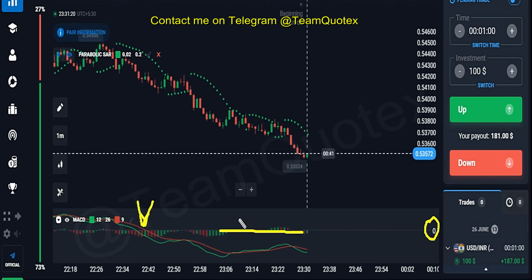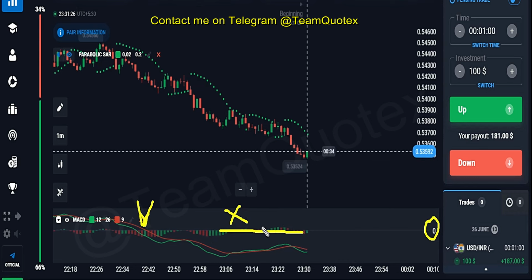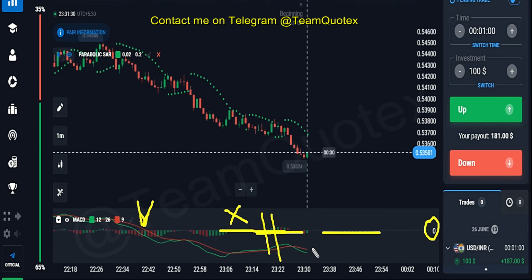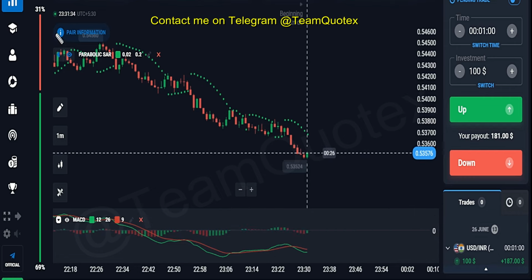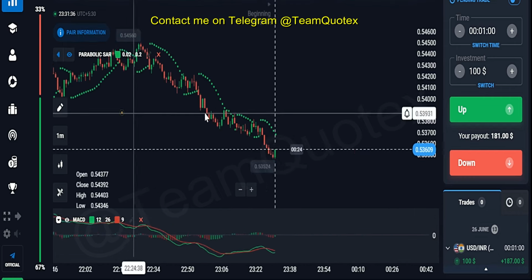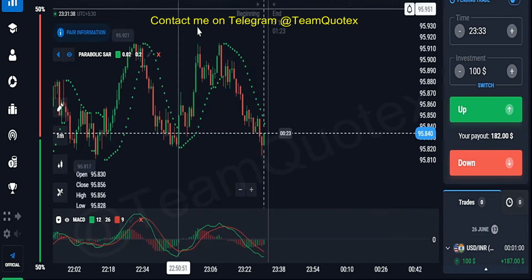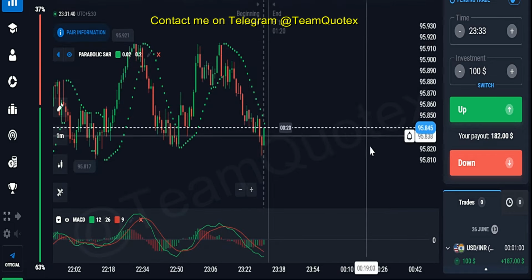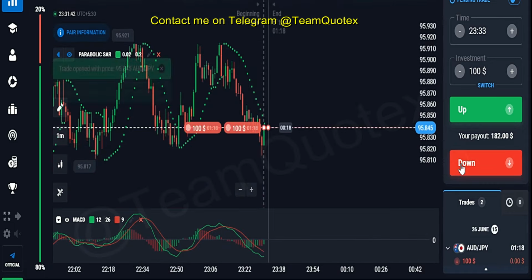Both lines' crossover should be above the zero level, and if both lines after crossover are coming below the zero line, that means we are getting a solid confirmation for the down trade, guys. And if you are not understanding, let me find some asset. I will show you, and I will try to place my trade in a down direction.